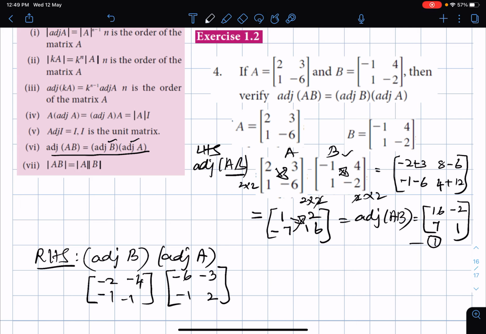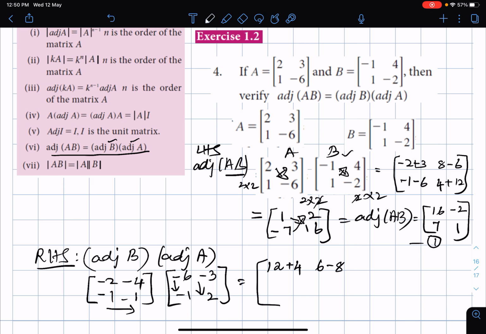Now again you multiply as you did in the previous case, first row into the first column and second column. Minus 2 into minus 6 is 12, minus 4 into minus 1 gives plus 4. Now first row into second column: minus 2 into minus 3 gives 6, and minus 4 into 2 gives minus 8. Now going to the second row, it is minus 1, and here also minus 1.